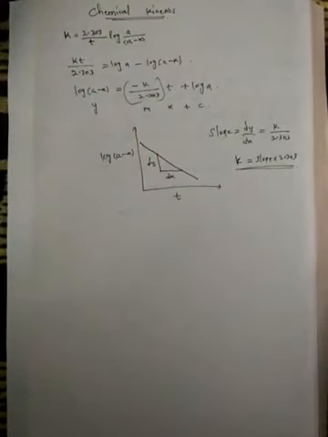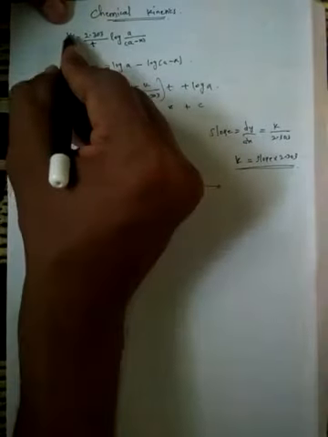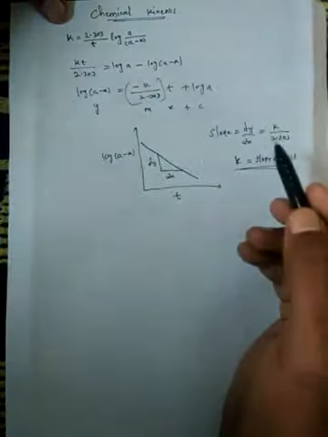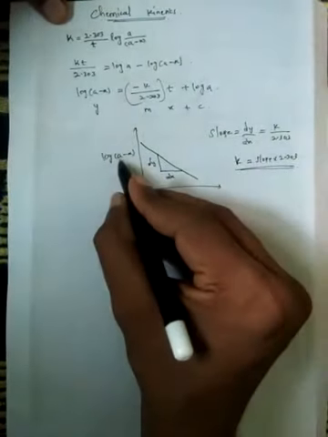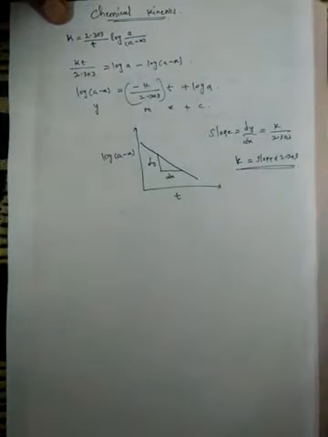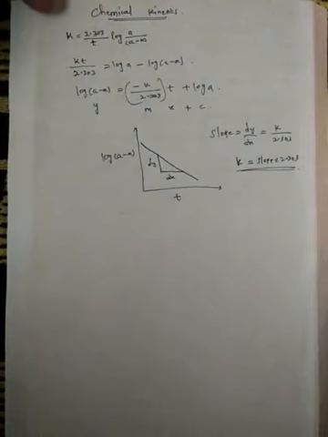And if I want to find out the k value, the rate constant of the first order reaction, I have to find out the a minus x value at various time. A minus x is the concentration of the reactant at various time.